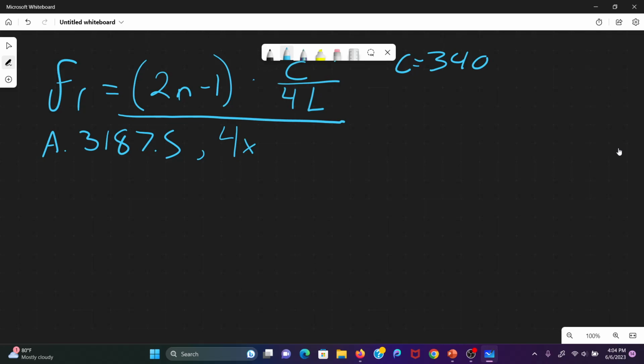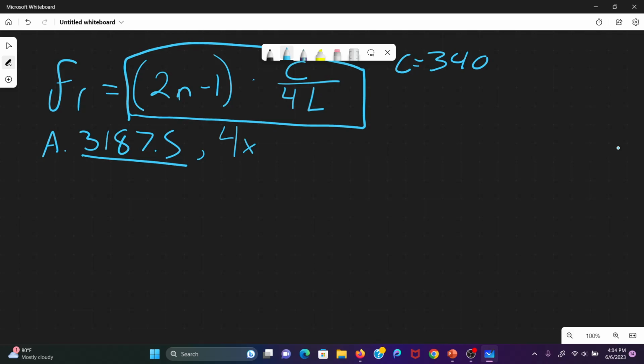Okay. If you had this question, 3187.5, we're going to do the same thing as we did before, which is we're going to set this entire equation, that's why I had that line under there, equal to this. And we know n because it's our second resonant frequency. So we're going to set n to 2.